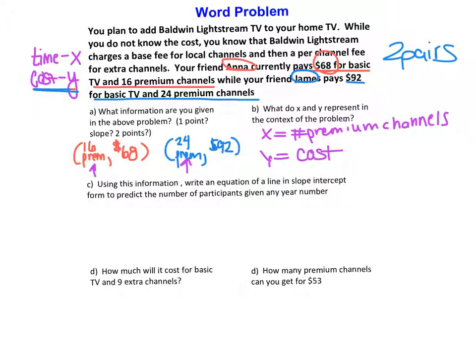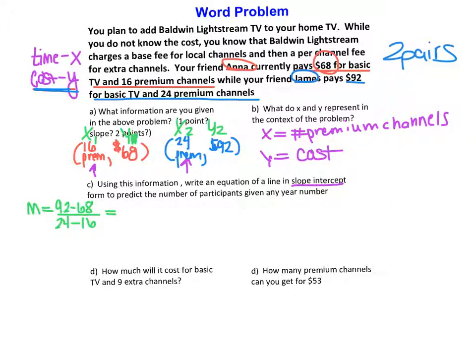Now from here I'm going to utilize this information and I'm going to write an equation into slope-intercept form. In order to do so, I need to start by finding my slope. So I'm going to take m and then I'm going to label these x1, y1, x2, y2. So I take 92 minus 68 divided by 24 minus 16. So I did y2 minus y1 over x2 minus x1.